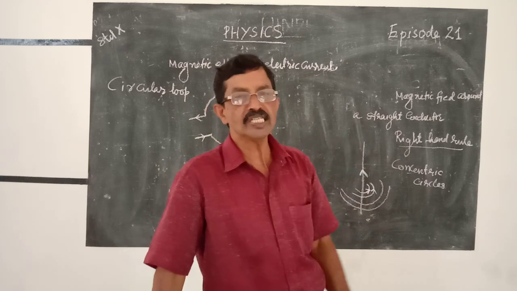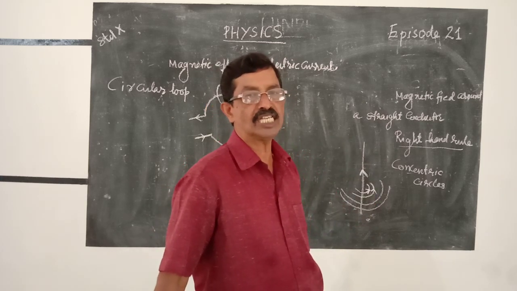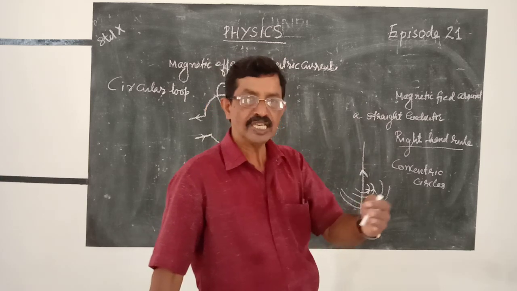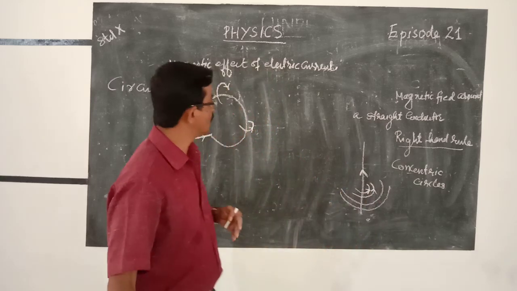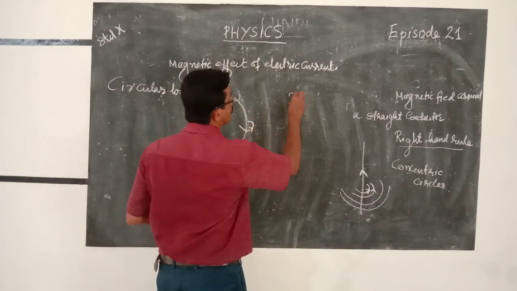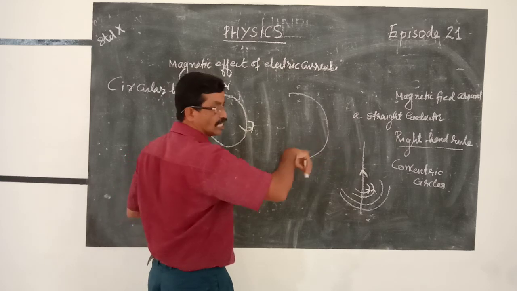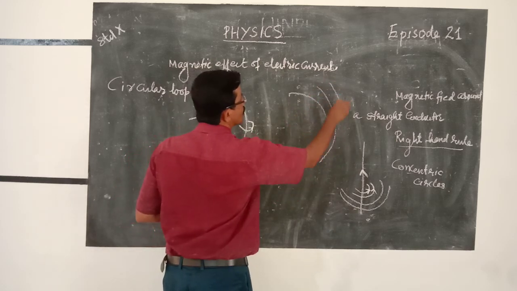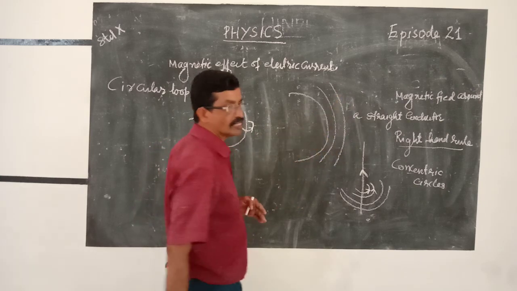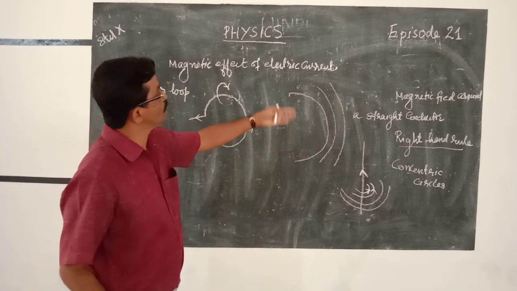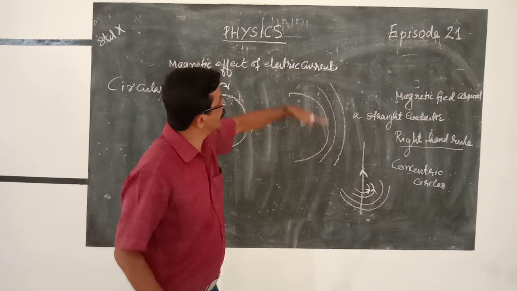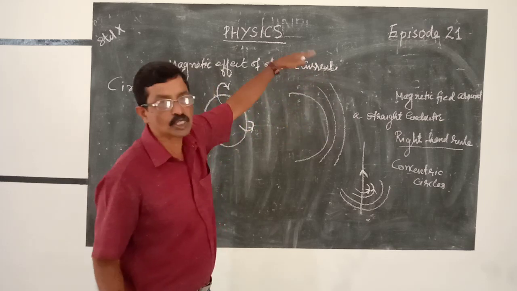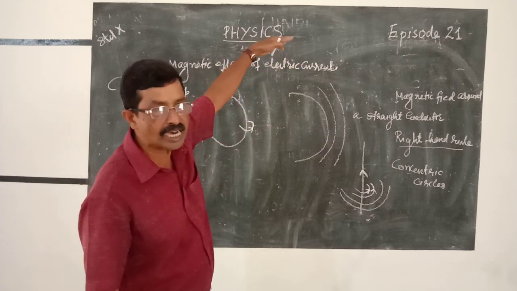So as the distance increases, field strength gradually decreases. So the concentric circles become larger and larger, and their curvature gradually decreases.